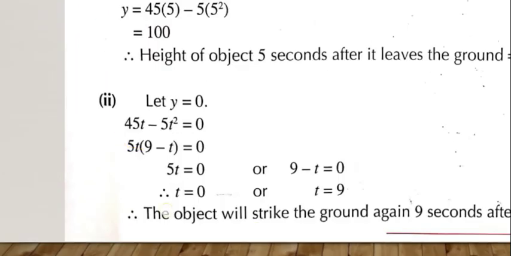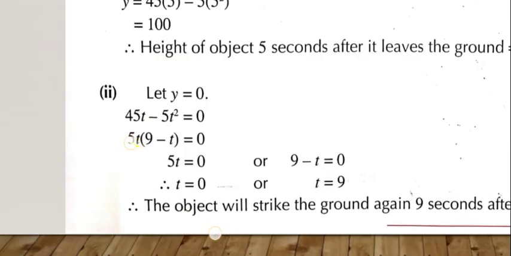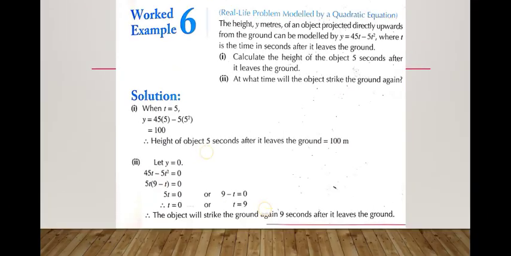So how come you get 0 for the other answer? 0 is when the object hasn't even left the ground. So this is the first time, before it leaves the ground, going upward and then down again, hitting the ground again in 9 seconds. So this is the initial position, and this is the final position.